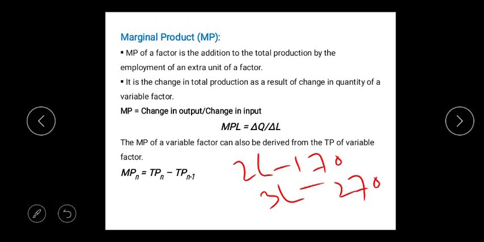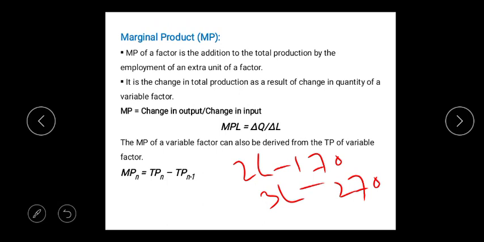That is, marginal product of third labor is equal to total product of 3 units of labor minus total product of 3 minus 1 units of labor, which will be equal to total product of 3 units of labor minus total product of 2 units of labor.